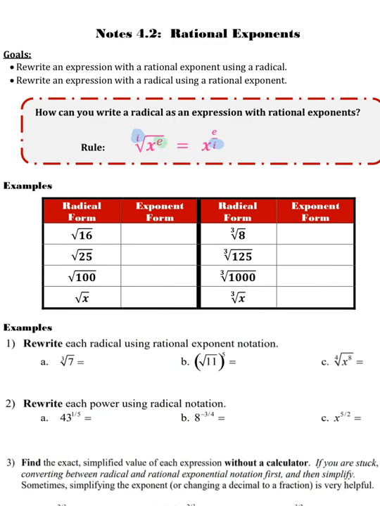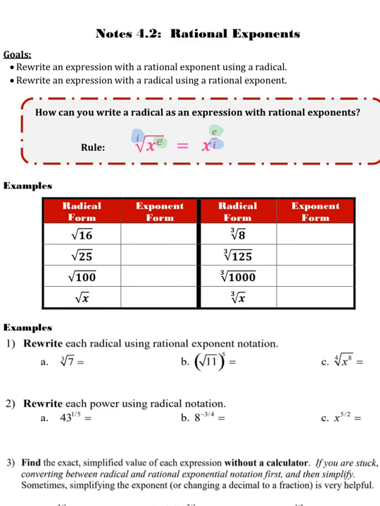So on our variable, and in this case it's an x, the exponent, when we complete our conversion, will be the numerator. So you will keep the base, whether it's a base variable, like in this example the x, or if it's a base number when you're converting, you will keep that the same.